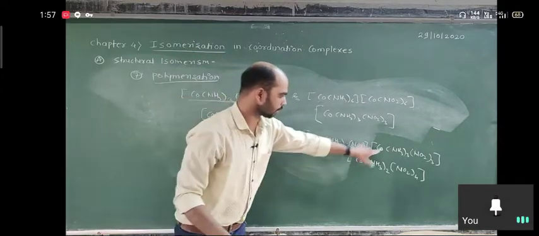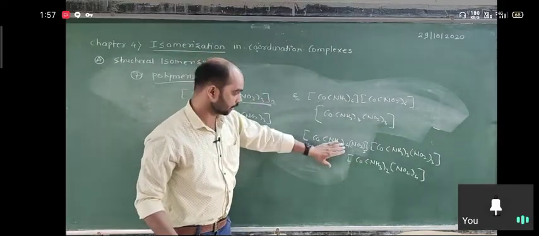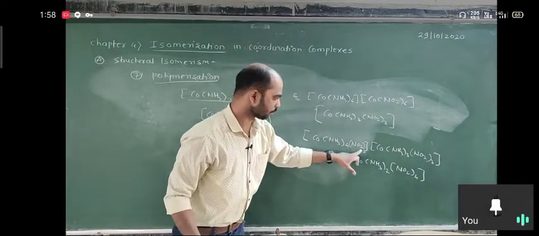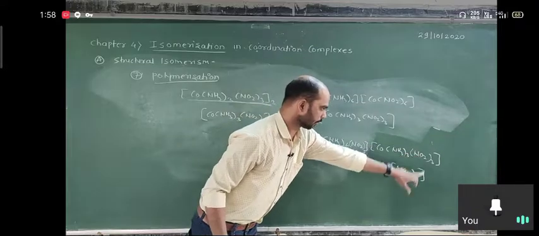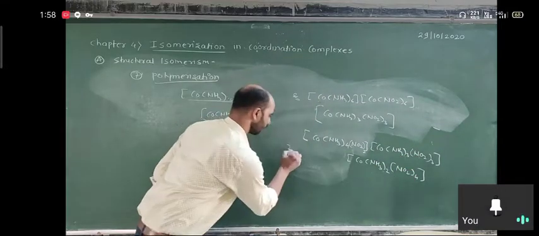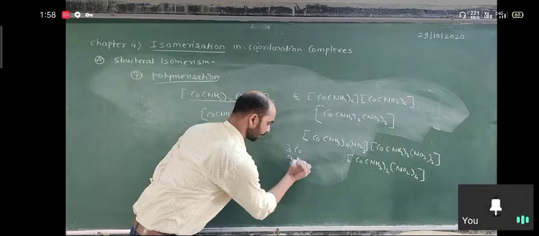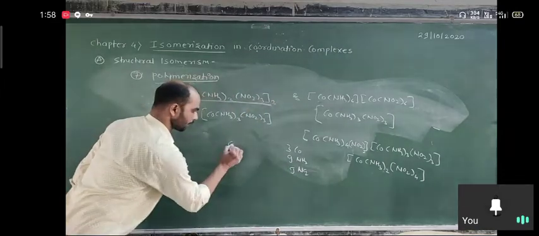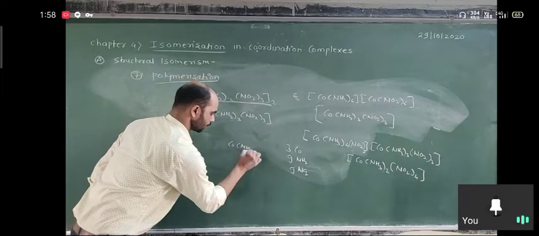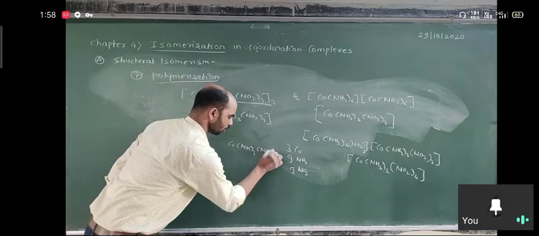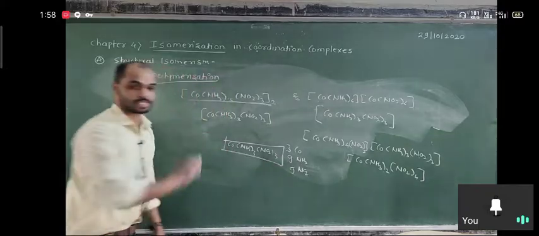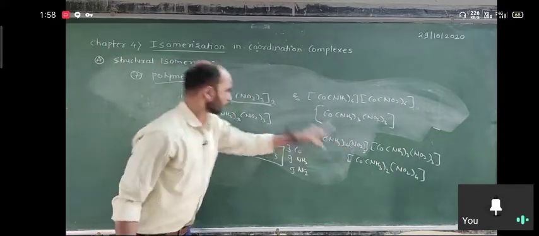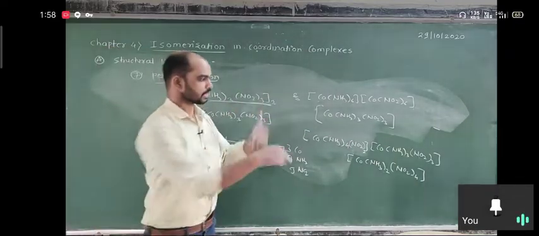How many cobalt? 3 cobalt. How many NH3? 9 NH3. How many NO2? 9. So 3 cobalt, 9 NH3, 9 NO2. That means each cobalt contains 3 NH3 and 3 NO2, again giving the same empirical formula. Again this one is also a polymerization isomer of this one. So this way there is a repetition.